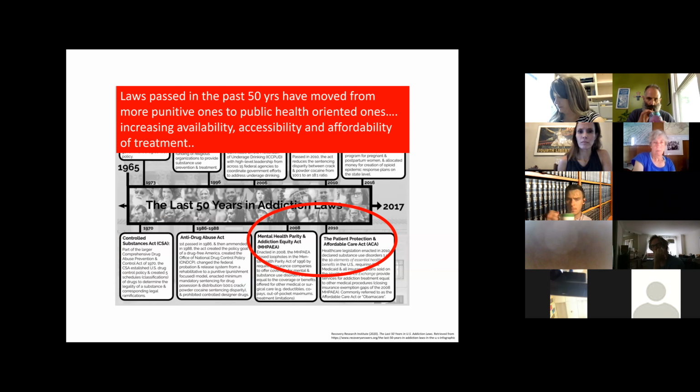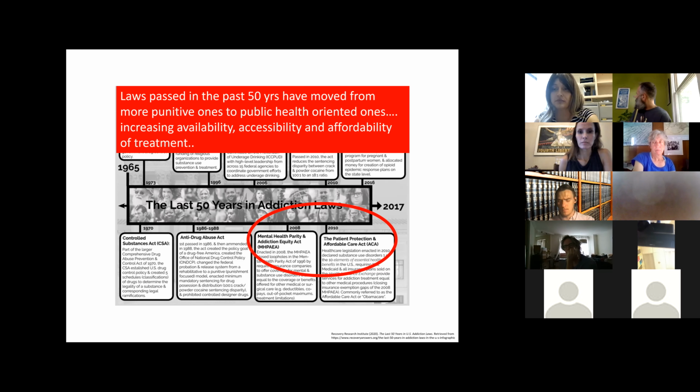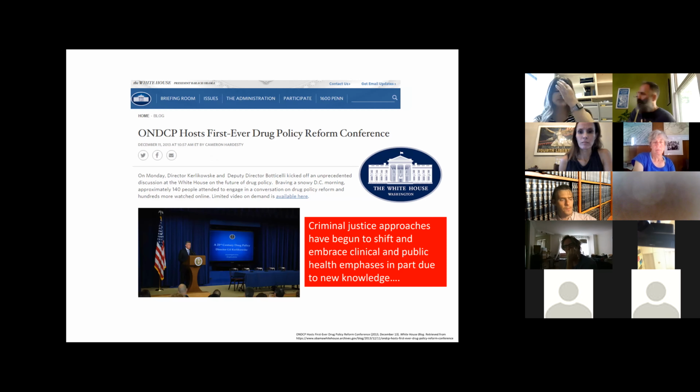Contrast that with the last 20 to 30 years, which has emphasized access to treatment, paying for treatment, making sure that people can get treatment for substance use disorder. So it's that shift in legislation also.